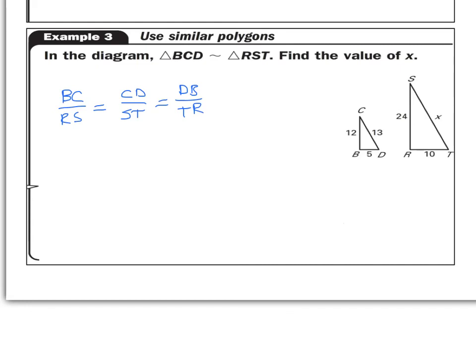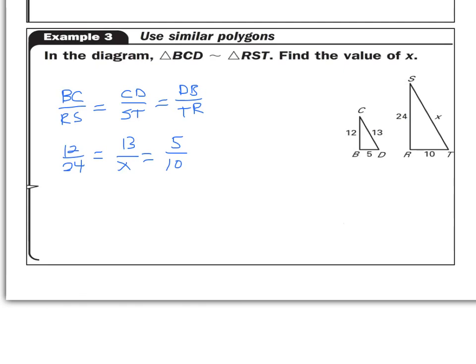And if I put their values in, I end up with 12 over 24 equals CD is 13, ST happens to be X, and DB is 5, and TR is 10. Now, as you're looking at this, we want to find the value of X. So first, I'm going to see if my scale factor is going to be the same.